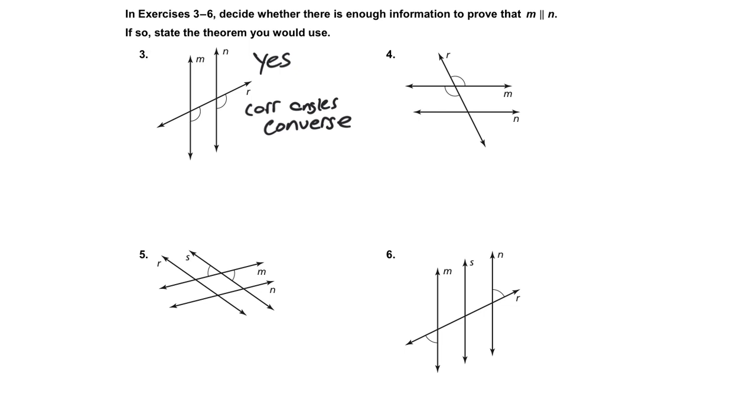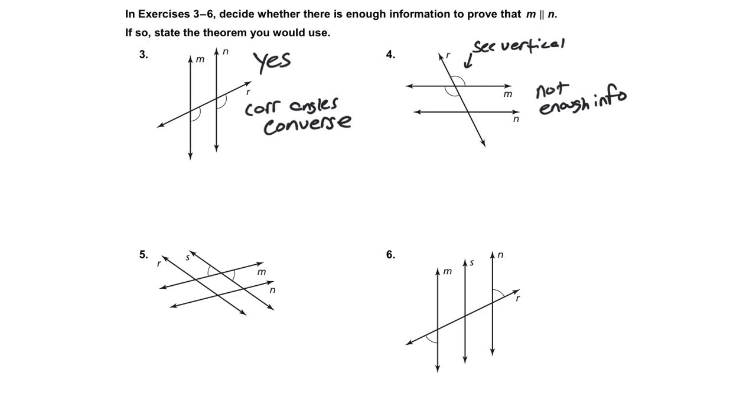Now, on number 4, the only relationship I see here is vertical angles, but vertical angles do not do anything about parallel lines. So I'm going to say that there's not enough information. I don't know if these are parallel or not.